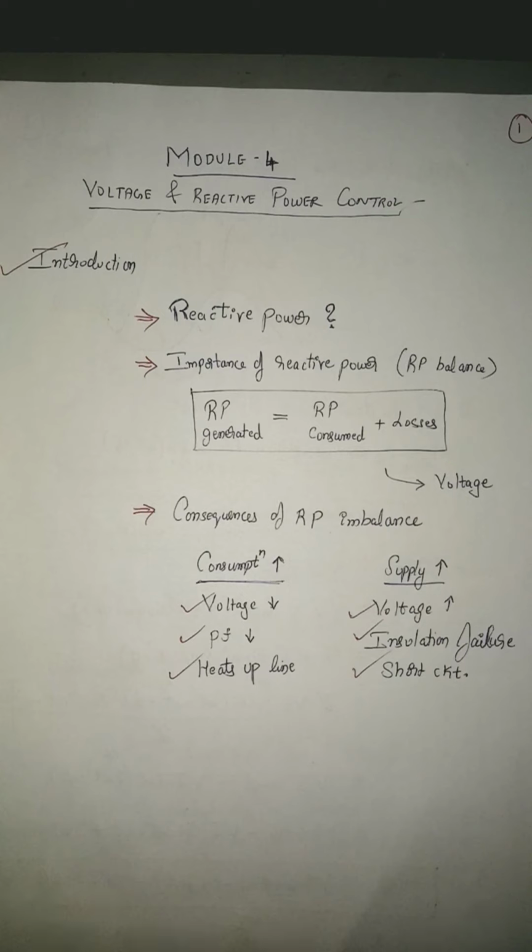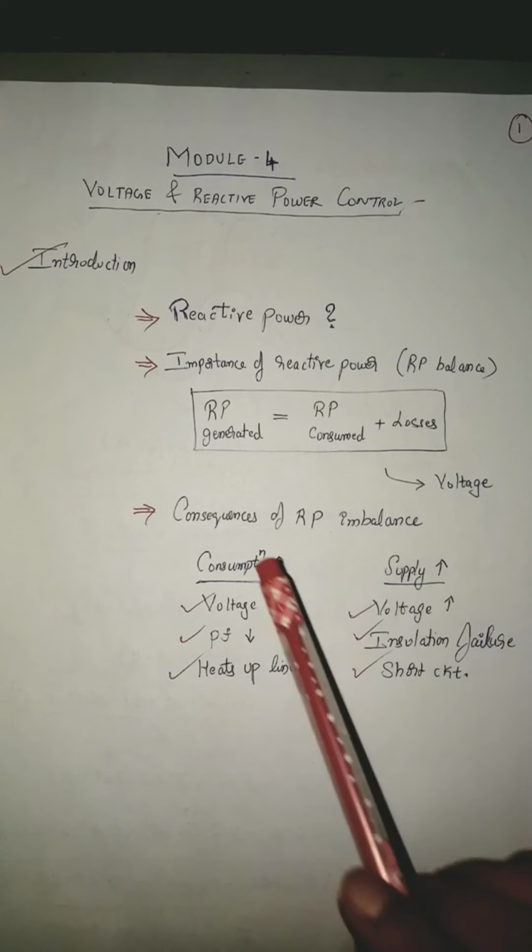If there is an increase in the load demand, obviously generation will be less, so frequency will reduce. The opposite phenomenon happens when there is a decrease in load demand. Now whenever it comes to reactive power, whenever the reactive power consumption is greater than supply, the voltage is going to reduce. So system voltage always depends on reactive power balance of the system.